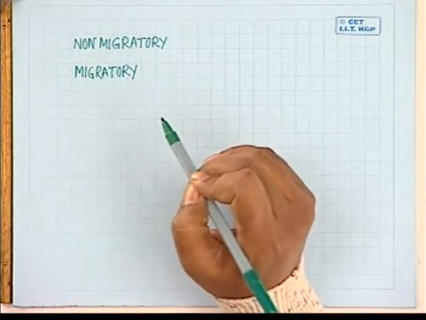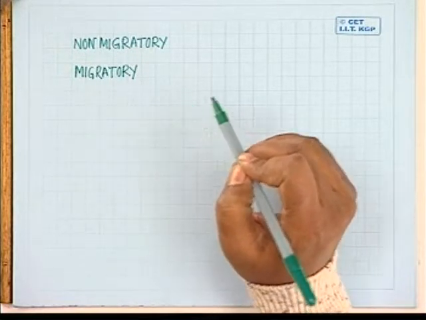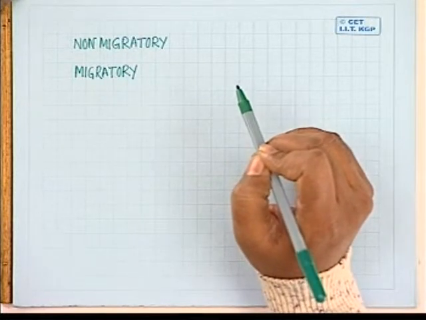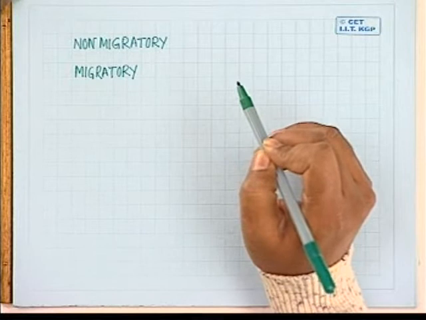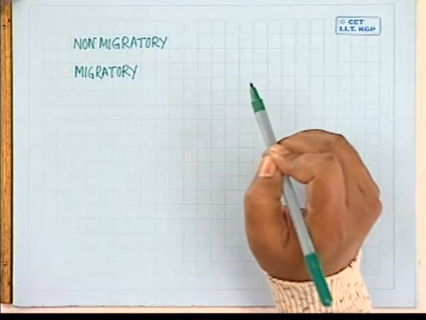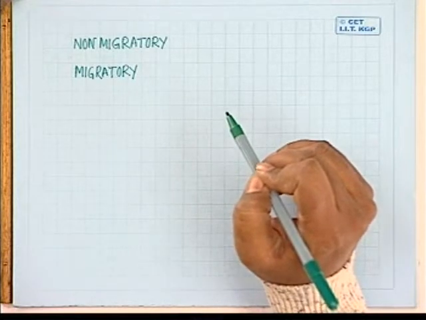Now, obviously, whether we go for non-migratory or migratory processor scheduling, we have to distribute multiple tasks among multiple processors. These tasks can be created by a number of users where the tasks are independent, or it can also so happen that the same task can be broken into a number of subtasks, where we find out whether these subtasks can be computed independently or not.